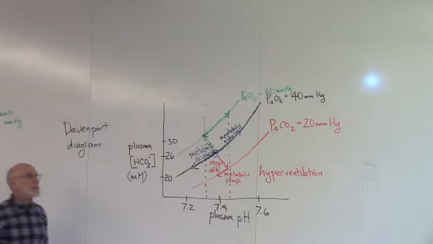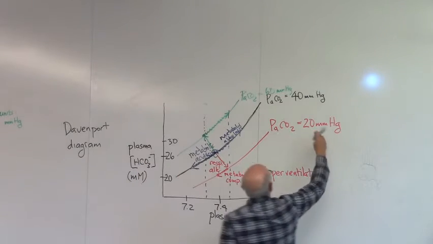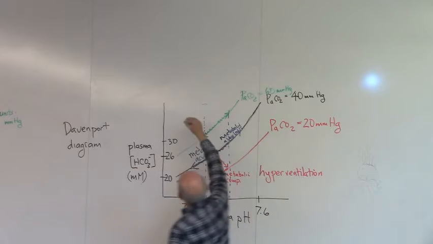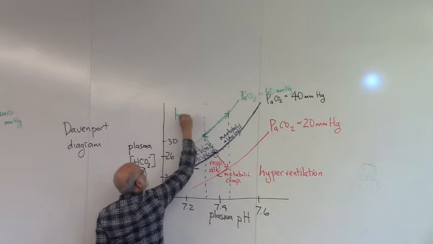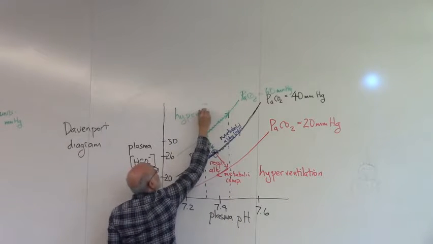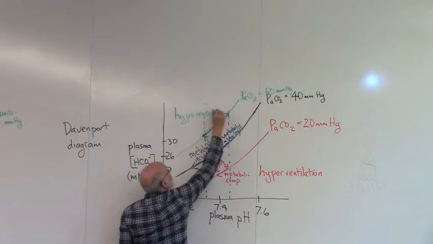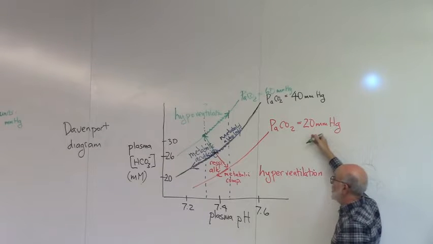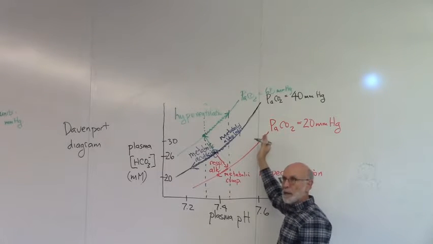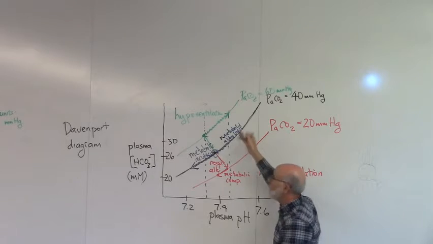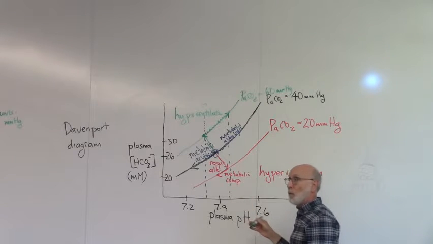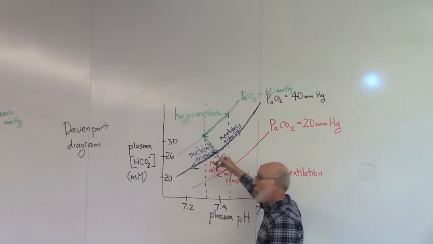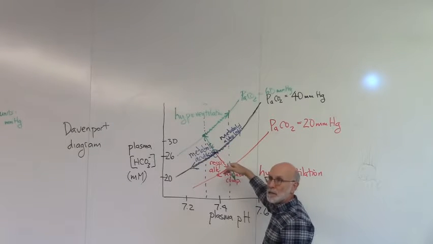So the point is, for each respiratory condition, hypoventilation, normal ventilation, or hyperventilation, we're on one of these curves as defined by the Henderson-Hasselbalch equation. When you change respiration, you move from one curve to the next.